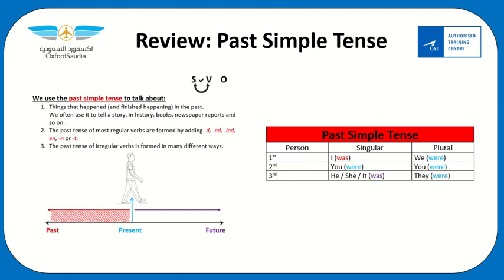If you look over to the right, you will see the past simple tense for first person, second person, and third person in singular and plural. I was, you were, he, she, it was, we were, you were, and they were.